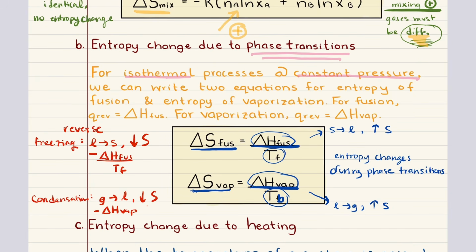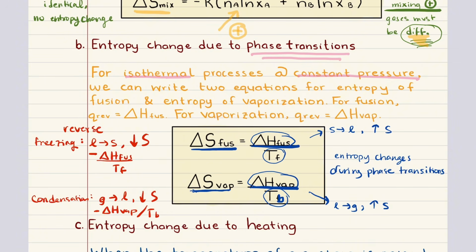So the key idea is that the formulas themselves are not tied to one direction. What matters is the sign of the heat flow and whether the molecular disorder increases or decreases. Melting and vaporization are associated with positive entropy changes, while freezing and condensation are associated with negative entropy changes.